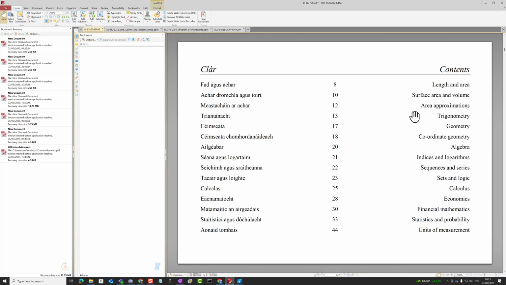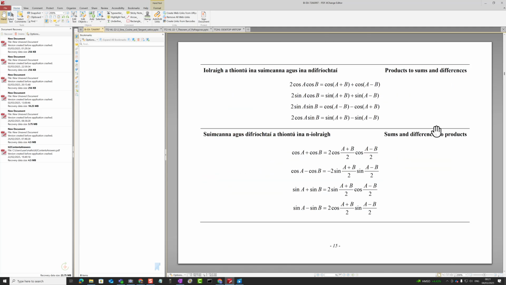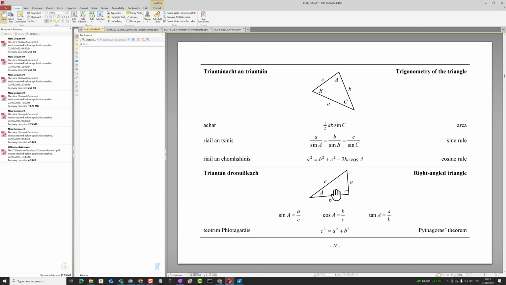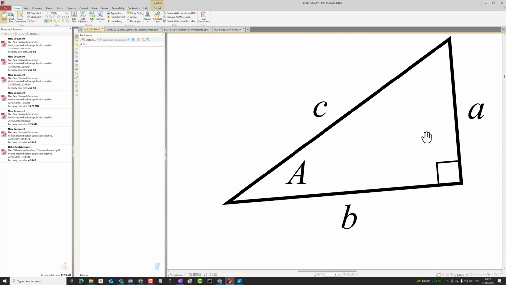So we're heading out to trigonometry, actually to page 16, nearly geometry. Okay, and we're drawing this triangle here, but it doesn't have to be slightly slanted.